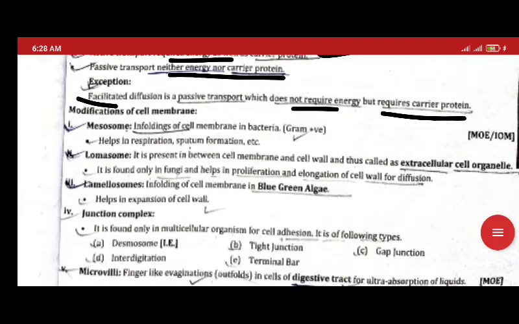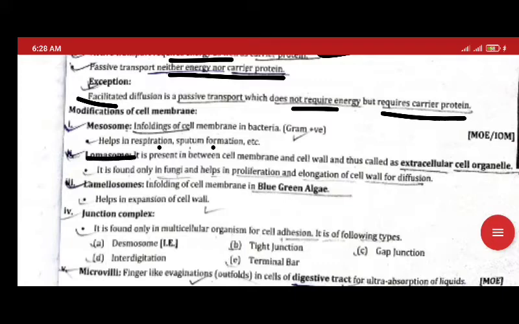Now modification of the cell membrane. From the cell membrane we can form the mesosome. The mesosome is an infolding in bacteria that helps in respiration and septum formation.